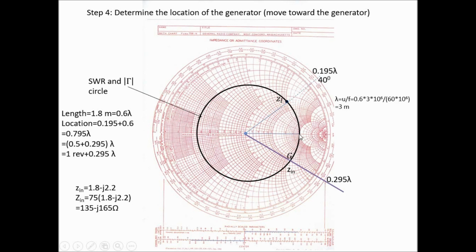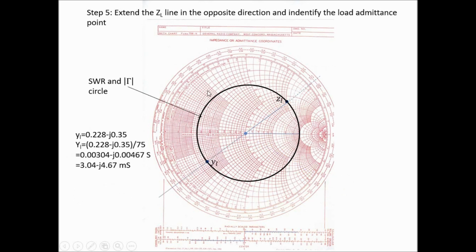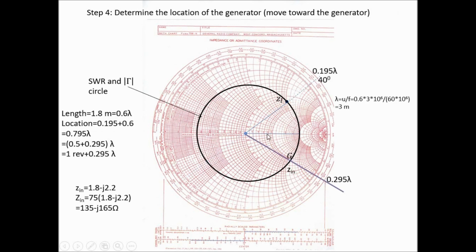As you know, this is Vmax and this is Vmin. If you go from Vmax to Vmin, that will be lambda over 4, and from Vmin to Vmax, again lambda over 4. So if you move from one point to a full circle, that will be 0.5.